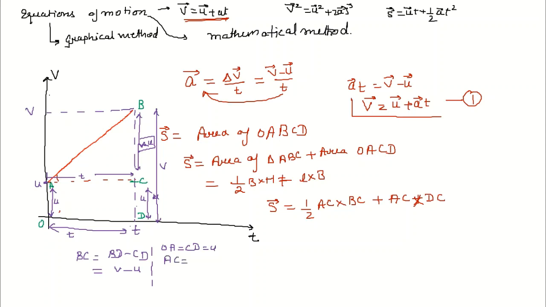AC, which is equal to OD, is t. So if I substitute these values, s is equal to half into AC, which is t, into BC, which is v minus u, plus AC, which is t, into DC, which is u.